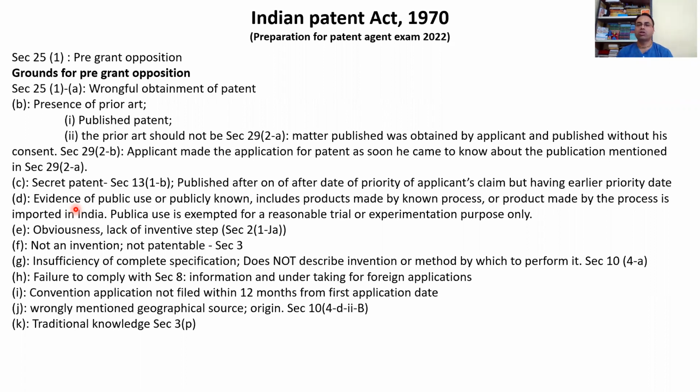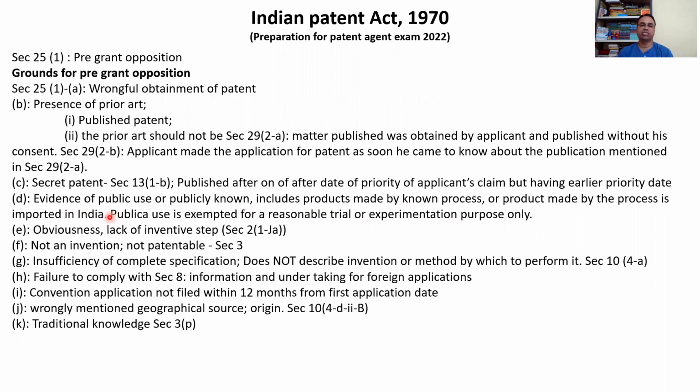Another criterion is, for example, the product was not known in India or not manufactured in India, but a product made by the patented process was made in, say, the US or any other country, and it was imported into India. Then also it will be considered as if the product is known in India. So that also you can show.